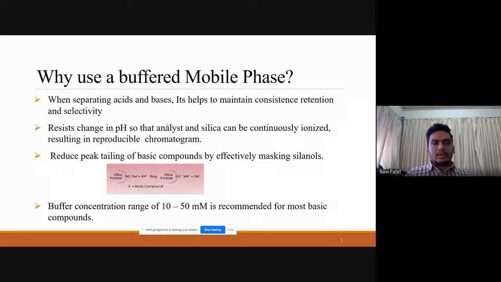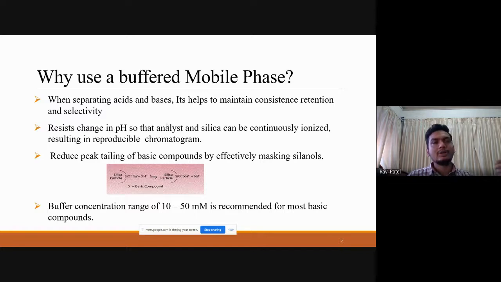The next thing is why we use a buffer in the mobile phase. Generally in academics, students prefer not to use a buffer in their mobile phase. They generally start with a selection of mobile phase like water, ACN, water, methanol.